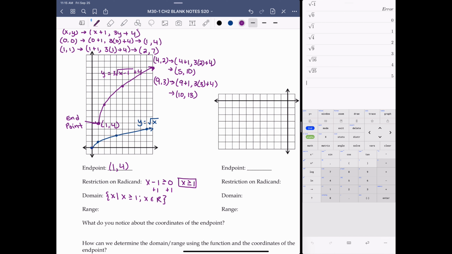The same as the restriction on the radicand. Range, y such that, in the original function, y has to be greater than or equal to 0. Looking at our transformed function, the lowest y value is 4, so all the y values are greater than or equal to 4. Y greater than or equal to 4, y element of the reals, close the brackets.